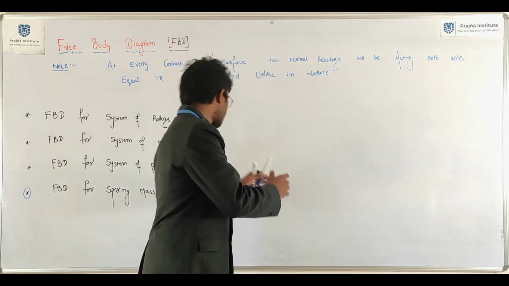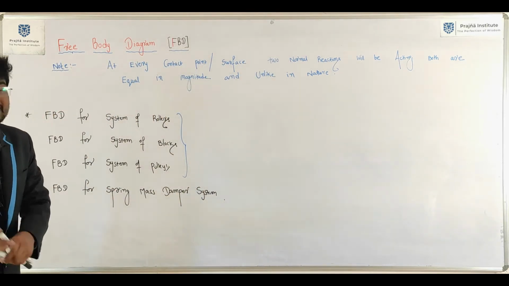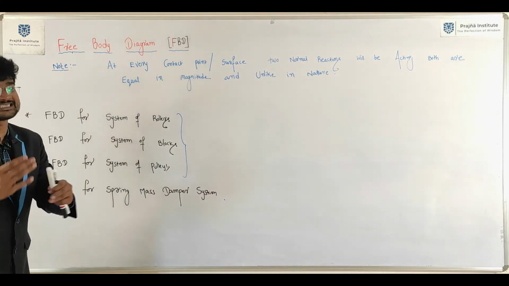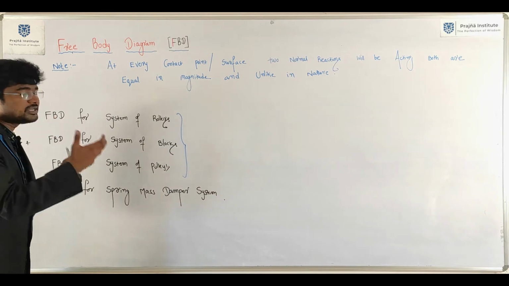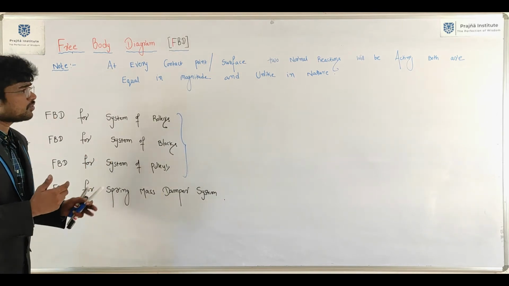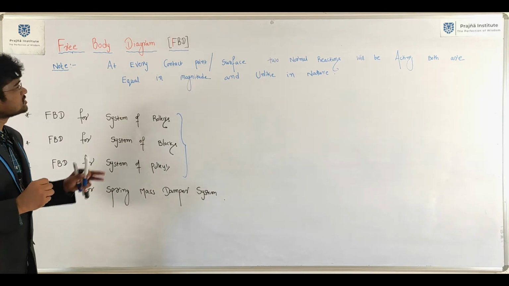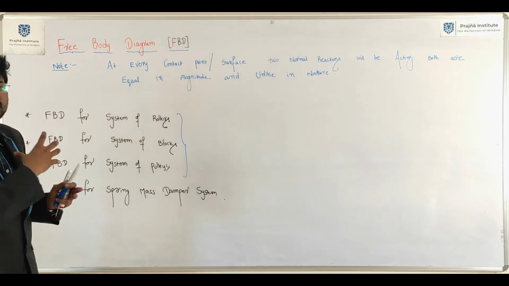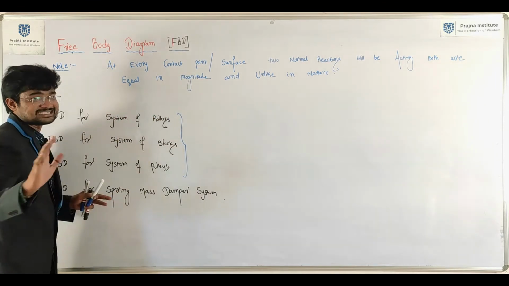By that you can understand how to use the table. Then we can start with system of rollers. Now you can understand what is the beauty of the table. How the syllabus is made very simple. So by using the table you need to draw all free body diagrams for these 3 systems.